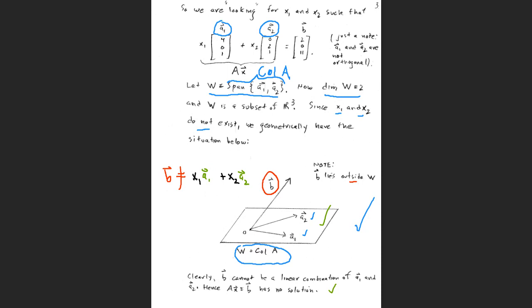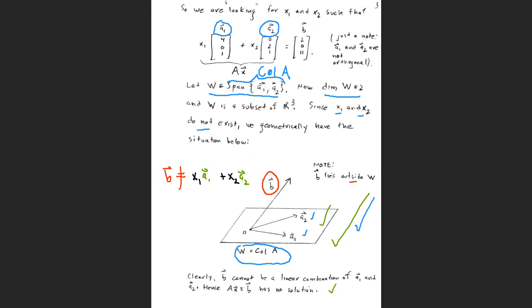This is geometrically what it means when we say that a matrix equation or a system of equations does not have a solution. This is the geometric interpretation of it. So we've geometrically verified our answer here with this picture, and it makes sense.